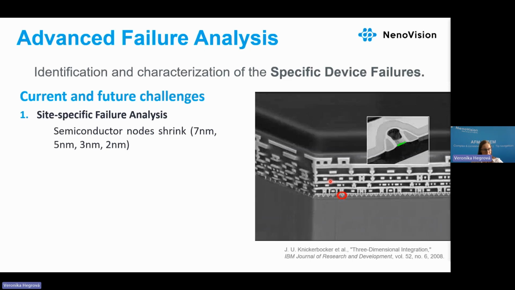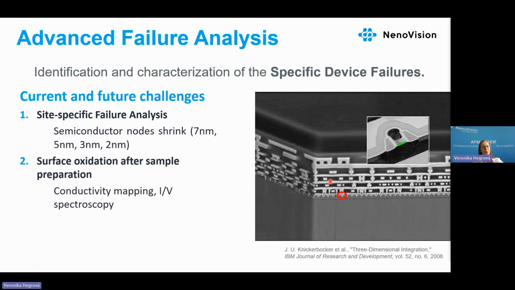So from the current challenges, being very site-specific is important. And as the nodes are shrinking, we have to have better and better instrumentation.